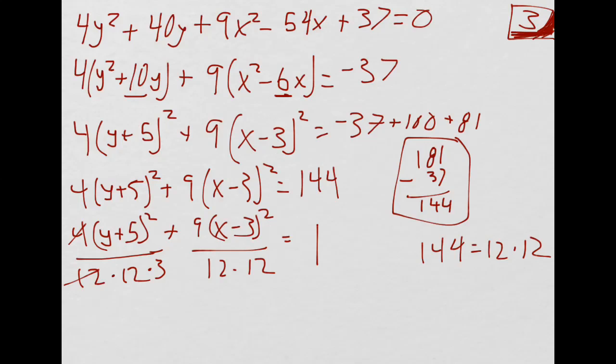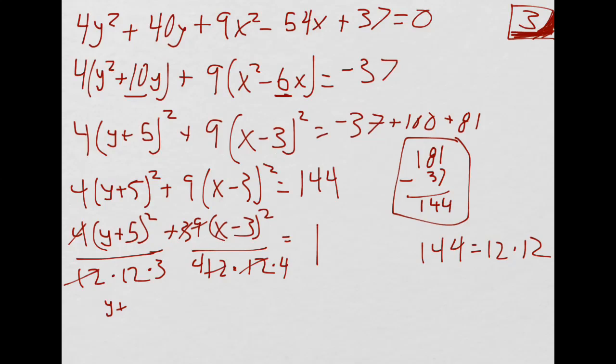We can do the same thing for x. 9 and 12 are both divisible by 3, and so we're going to get 3 and 4. 3 and 12 gives you 4, and then we have 4 times 4, so we get 16. That's a much easier way to do it mentally.